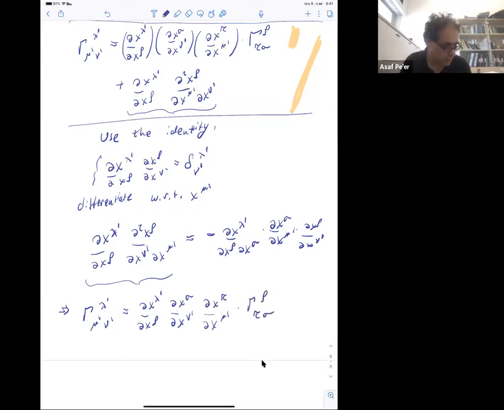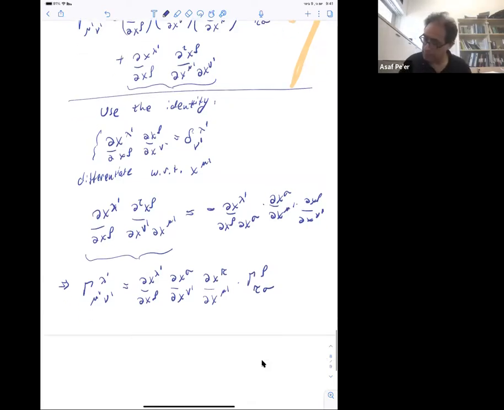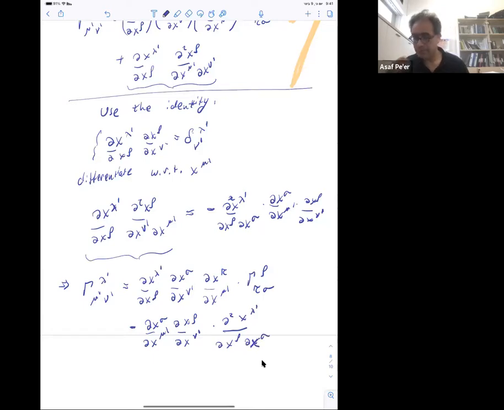I did not touch the first line. And then we have a minus what we have here, dx sigma over dx mu prime, dx rho over dx mu prime times d squared x lambda prime over dx rho dx sigma. It's ugly, but it's straightforward.